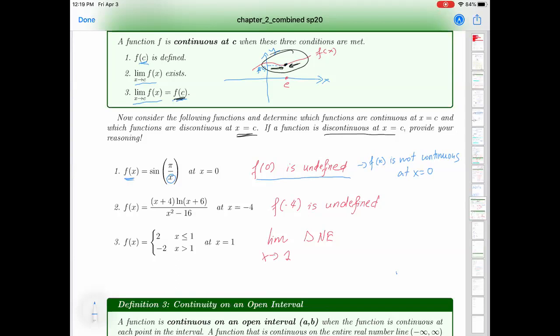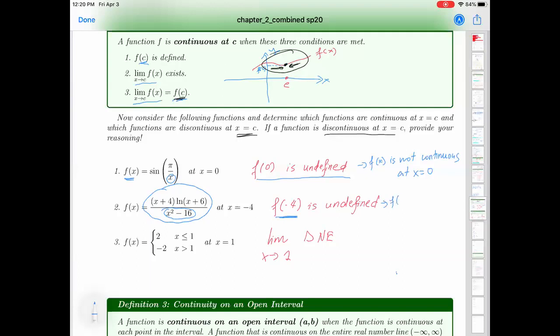All right, go to the next function. Again, in this function, we have a rational form here. In the denominator, there are two values that would make the denominator equal 0. These values are 4 and -4. So f of -4 is undefined, because if you plug -4 into x, it will give you a 0 in the denominator.